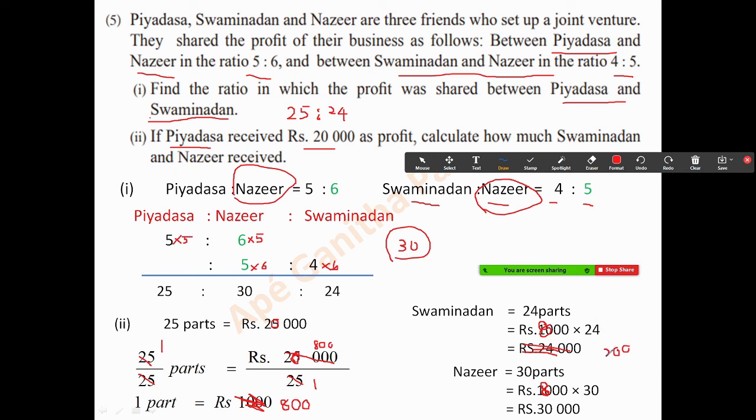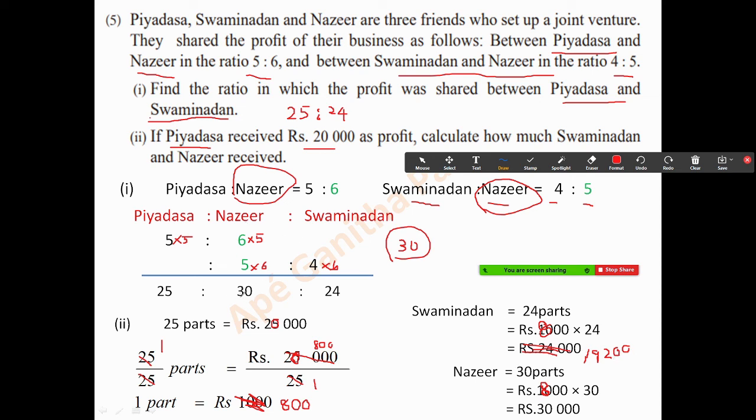Write 2. 8 into 2, 16. 16 plus 3, 19. So what is the amount received by Swaminathan? 19,200.